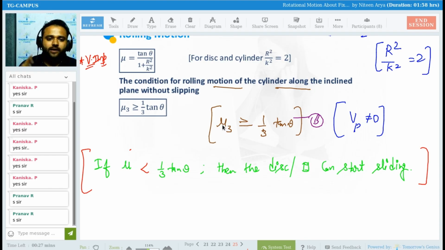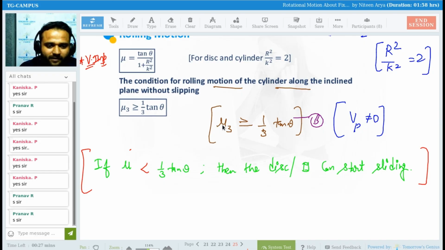Because r square by k square is 2 for disc, and if this condition is not going to be fulfilled, if the coefficient of friction is not equal and greater than 1 by 3 tan theta, so instead of rolling in this way, the body, because it looks like a cylinder also, from this plane it is going to slide directly. It is not going to roll.